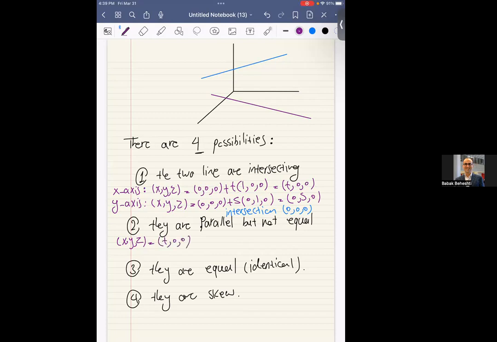This is one of them, which is the x-axis. Another one is the line which is parallel to this, but passing through (0, 1, 0).